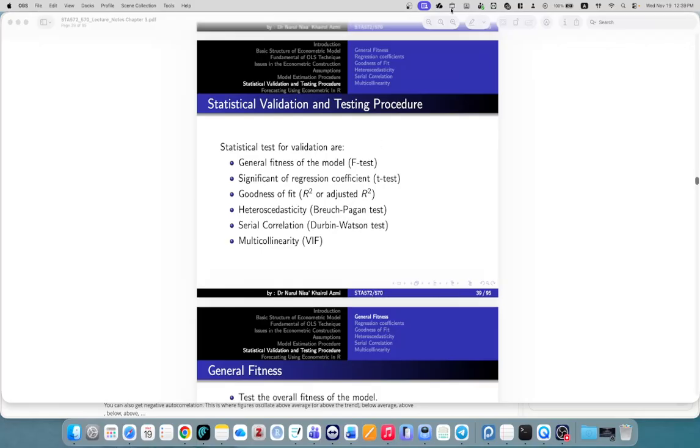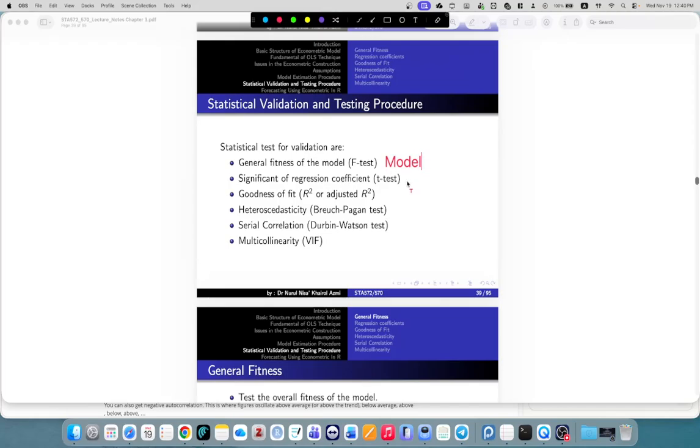So remember that we have our tests, and we want to test whether these particular models that we built fulfill the assumptions pertaining to the model or pertaining to the error term. For general fitness of the model, we test the assumption of the models.